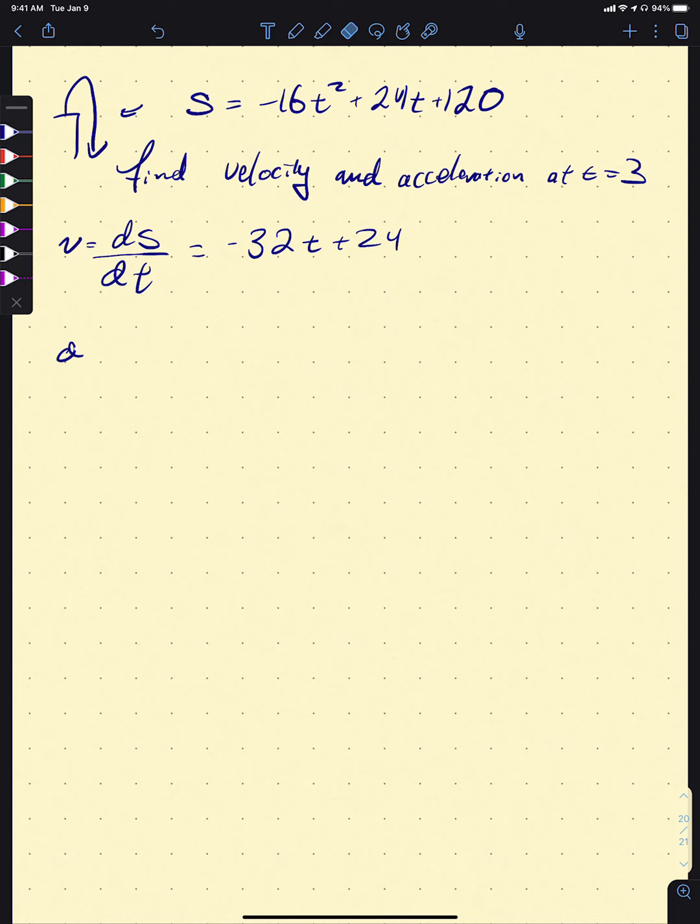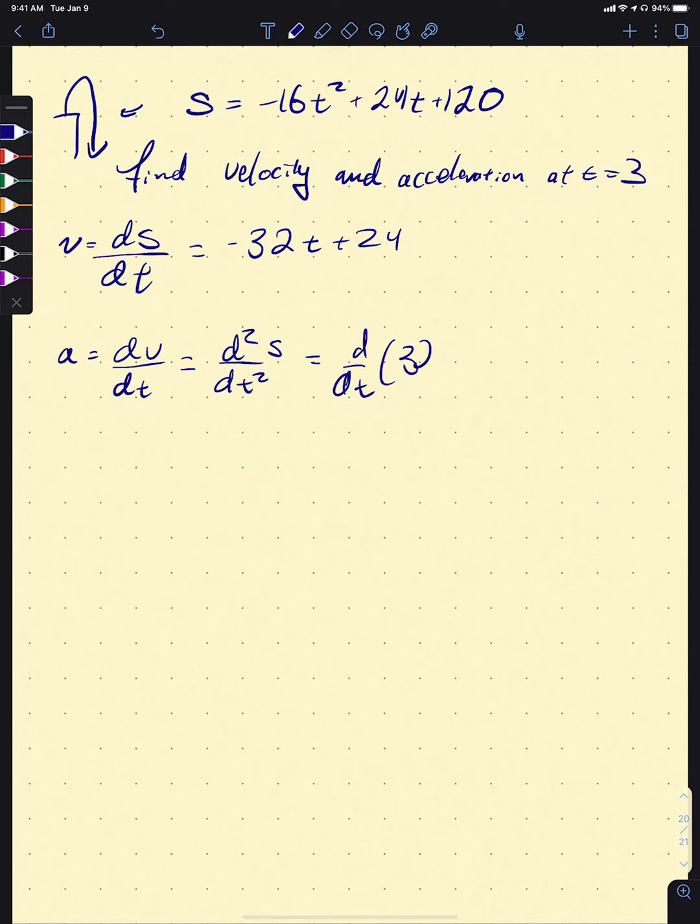Further, as we said, my acceleration is the derivative of my velocity, or the second derivative of my position. So that means we need to take d/dt of negative 32t plus 24, which is just going to come out to negative 32.